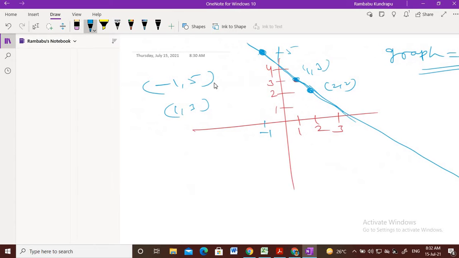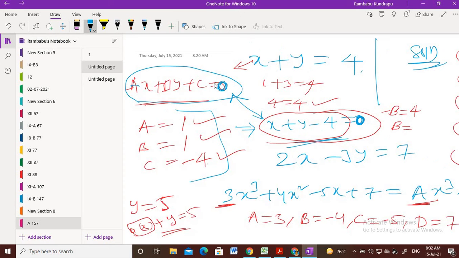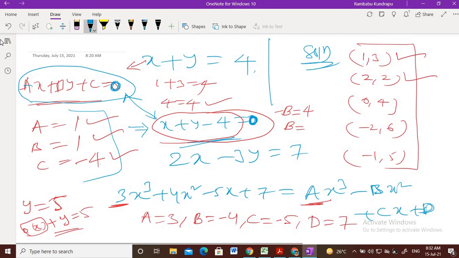See here, there are so many solutions. You have to draw the line, not a line segment. See Anusha, here there are infinite solutions. I have written only five solutions here, but there are infinite.